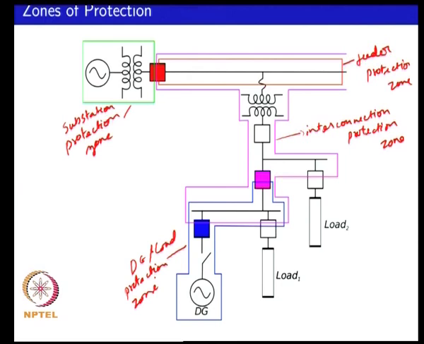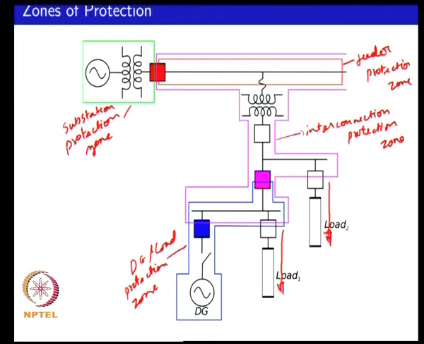And you want to ensure that these devices are able to accomplish the required level of protection. If you look at the other CBs over here, this particular CB would protect the zone downstream over here, and this circuit breaker might protect the zone downstream over here.